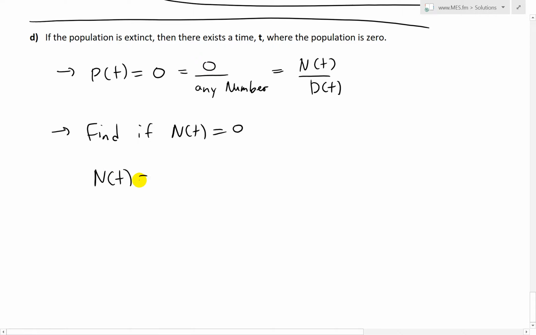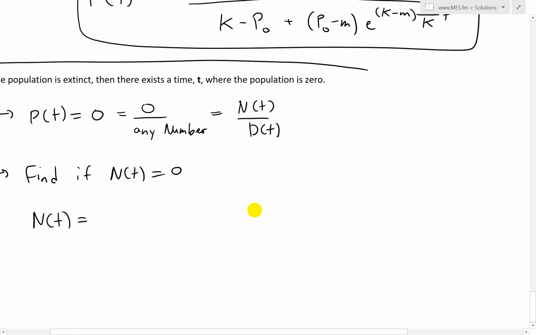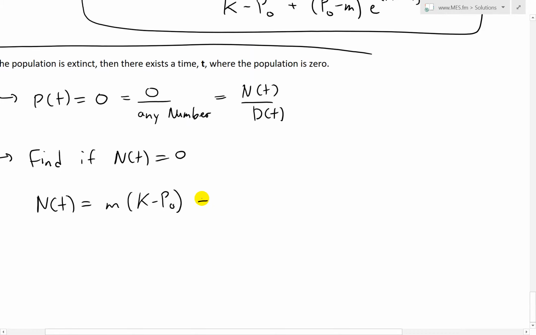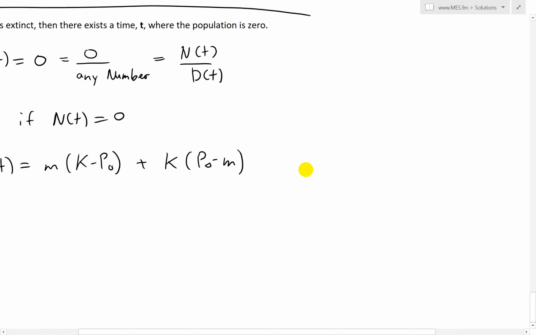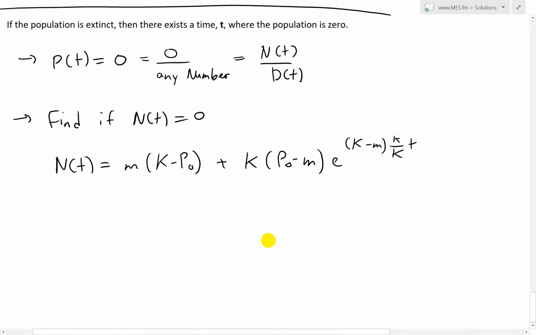N of t is equal to this entire top part: m times (k minus p0), plus capital K p0 minus m, times e to the k minus m, little k over capital K, times t.